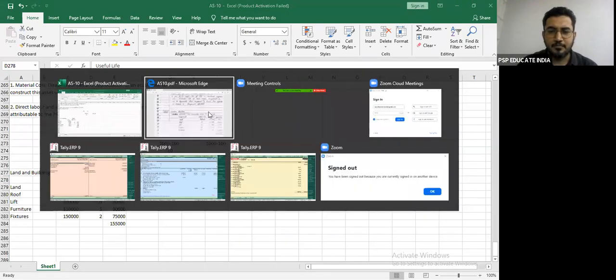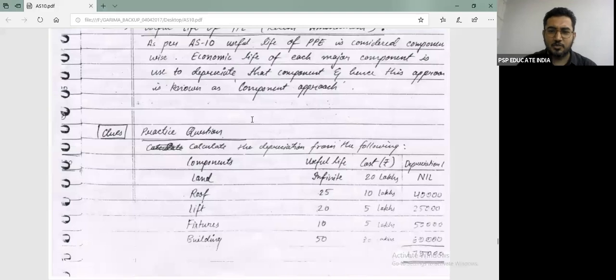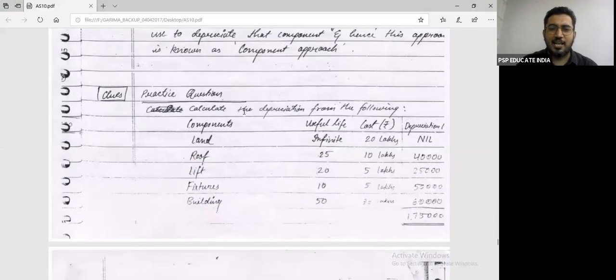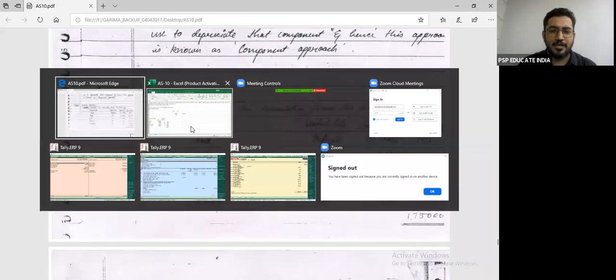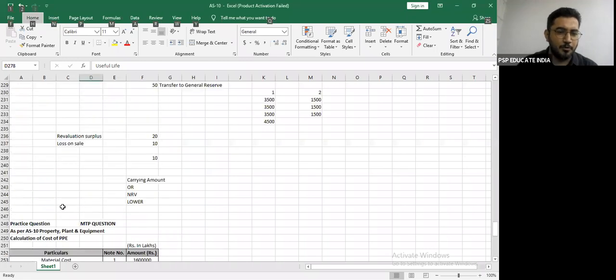Okay, let's go to this practice question. It says calculate depreciation from the following. So you have components such as land, roof, lift, fixtures, and building. You have their useful life and you have their cost. What you have to do is calculate depreciation. Okay, let's do that.